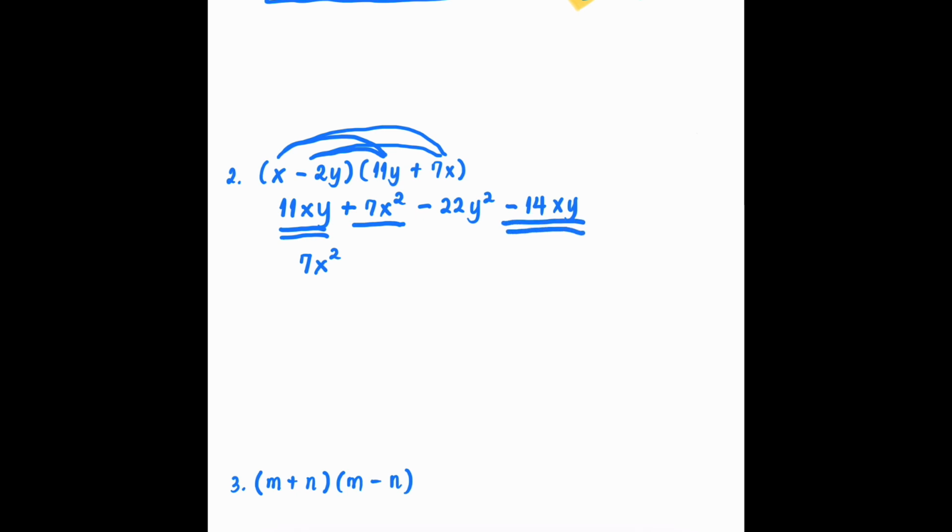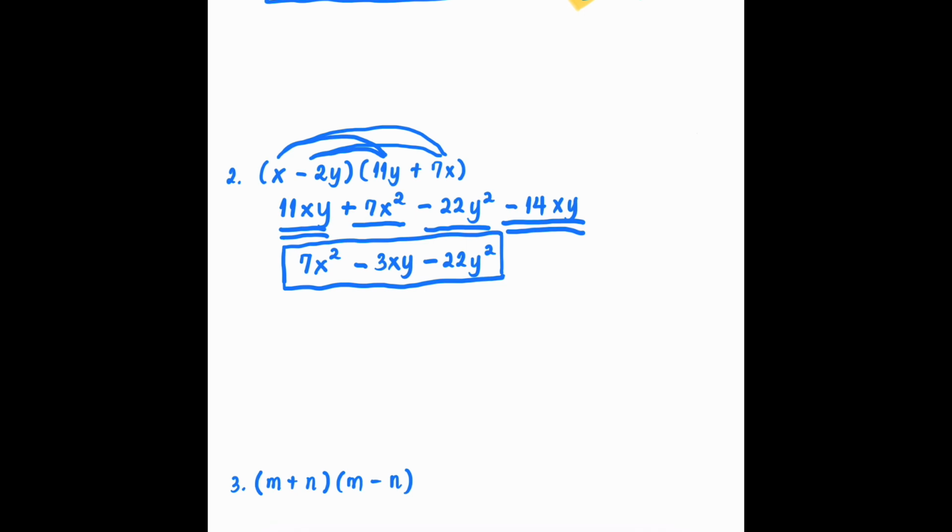These two terms can be combined, and if we put them together, it's going to give us negative 3xy. And for our last term, we have only one term that has y squared, and that is negative 22y squared. We just simply copy that, and that's our final answer. So the final answer is 7x squared minus 3xy minus 22y squared.